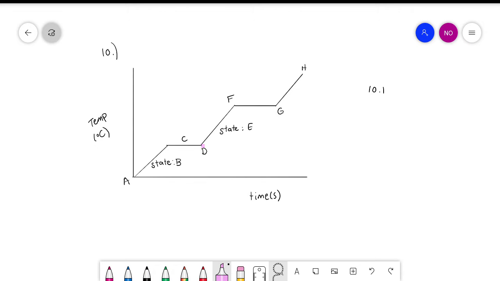Daai hele stukkie is vloeistof. That whole part of my graph represents liquid. Okay? En vir daai hele stuk, sorry, from D to F, it remains in the liquid state. But we are still adding energy in, so it absorbs energy, but it's not boiling yet. Eers by die punt F begin hy kook. So jou regte antwoord daar is van D tot F.